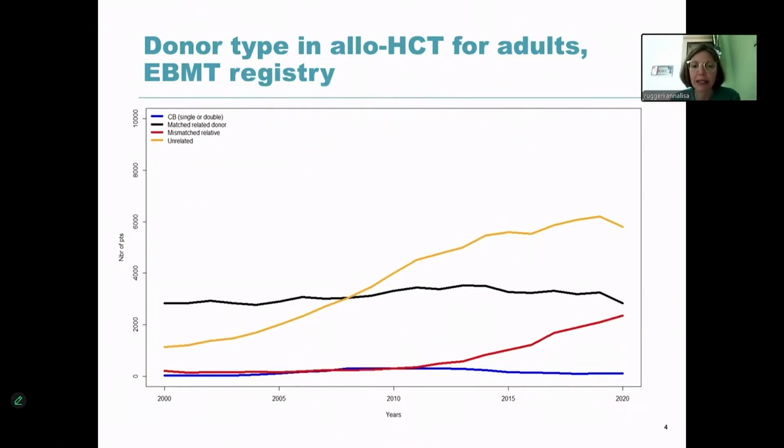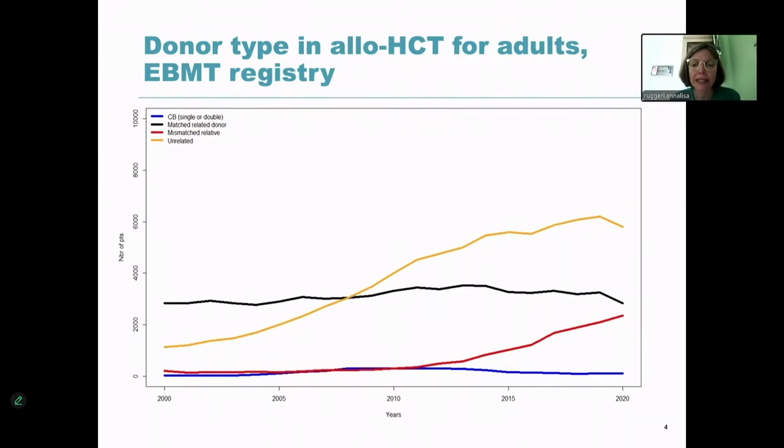This is still growing, actually since the early 2010s, due to the implementation of GVHD prophylaxis with the use of post-transplant cyclophosphamide. So a different approach than that discussed by our previous speaker, Dr. Malar, so non-T-cell depleted and using post-transplant cyclophosphamide.